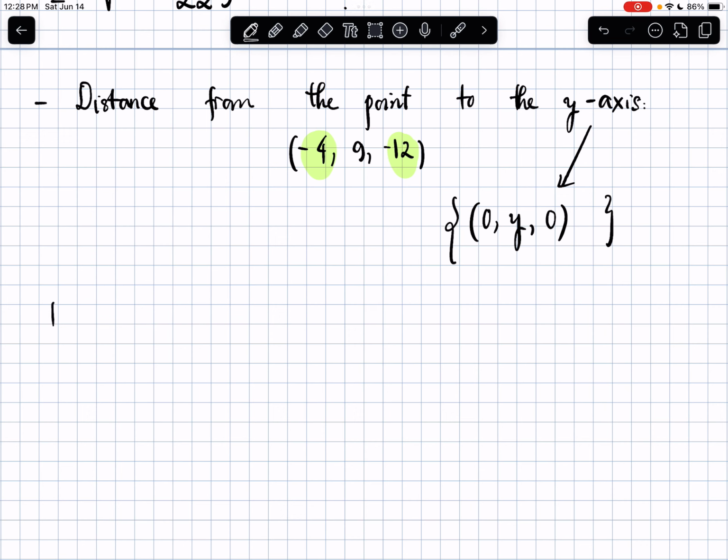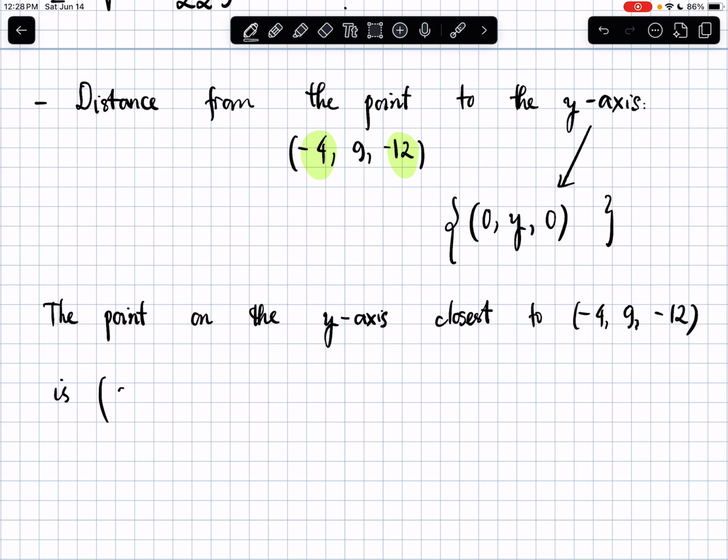So the point on the y-axis that is closest to (-4, 9, -12) is (0, 9, 0).